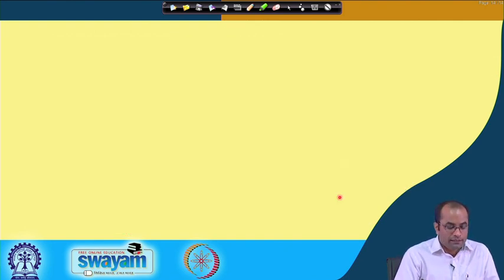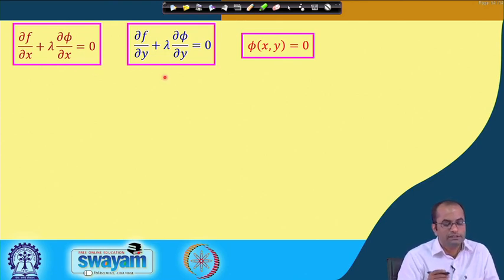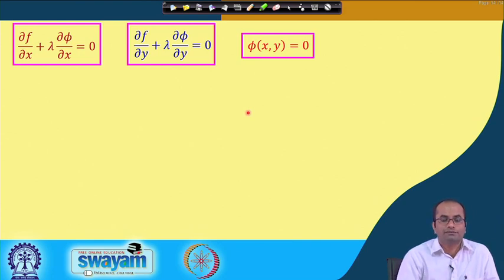We have three unknowns, basically the x y will be the points we are looking for, and also this lambda we have introduced. So, there are x y and lambda, three unknowns we have to get by solving these three equations, and those will be the points of extrema in terms of x y.